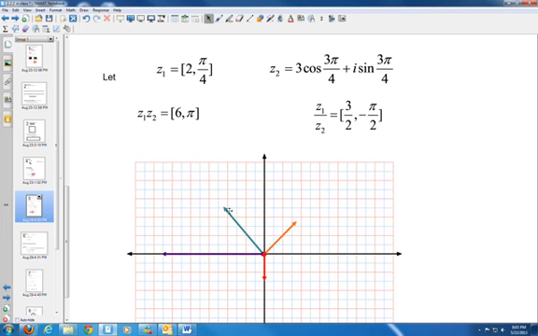In green I have z2. What happens when you multiply them is they simply add these two angles together. So the angle from the real axis to z1 is pi over 4, and the angle from the real axis all the way to z2 is 3 pi over 4. If you add those two together, you'll get pi.